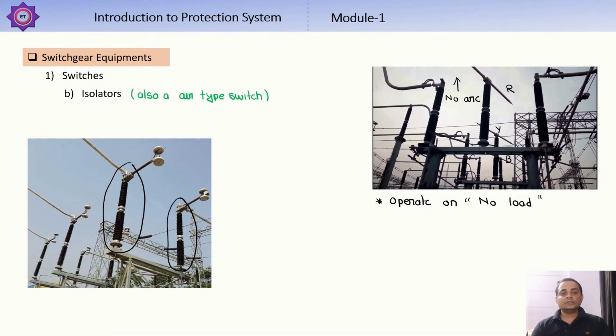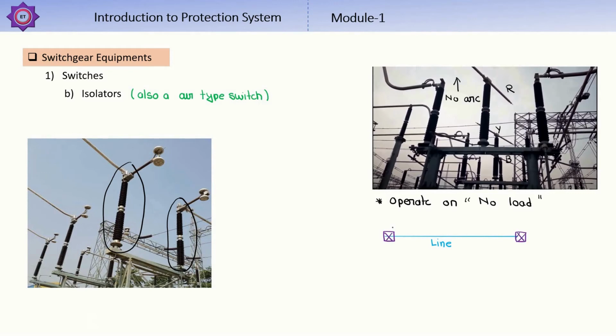Isolator main purpose is to isolate one portion of the circuit from the other. Let us understand with the help of this diagram. This one is circuit breakers.